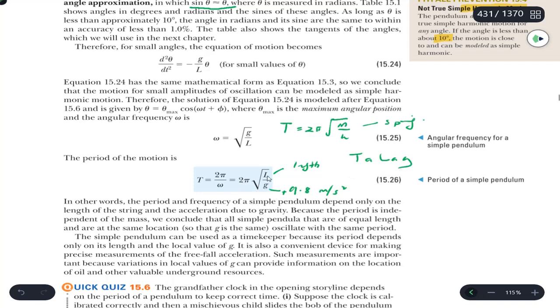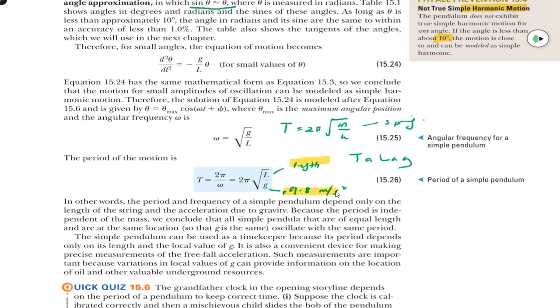What is L? L is the length of the pendulum itself, and g is the gravitational acceleration. It depends on the gravity of the earth, not mass, not spring.